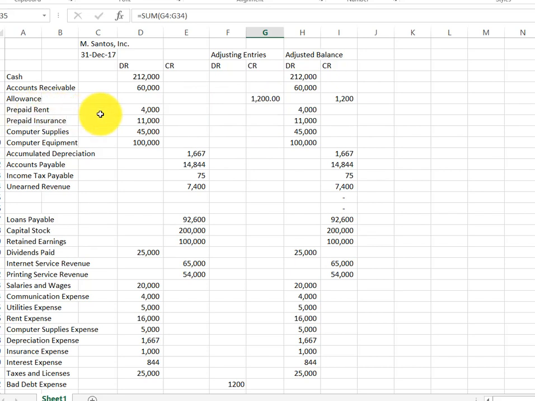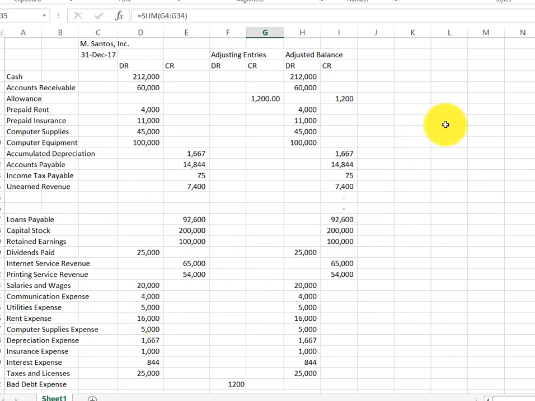Okay, looking at prepaid rent, anything prepaid is going to be adjusted to the expense. We see down here that there is a rent expense. Now, in that situation we're going to need to look up information about our rent and see if that has been adjusted or we've been doing that correctly.